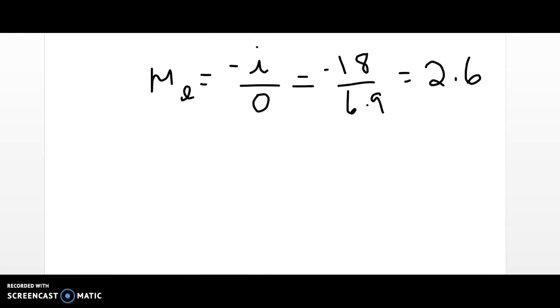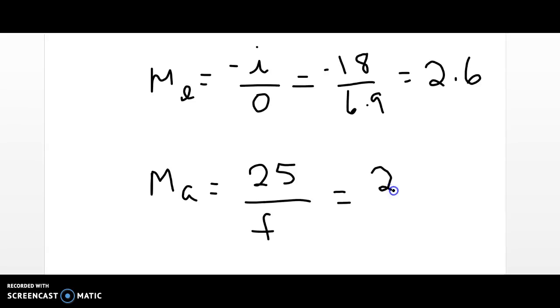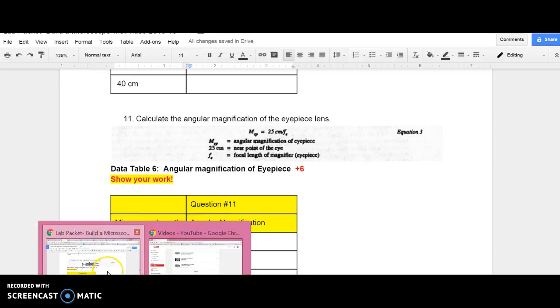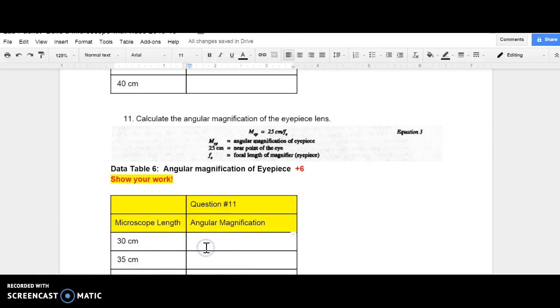So the angular magnification equals 25 divided by the focal length of the eyepiece, which equals 25 divided by 10, which equals 2.5. So back on my question 11 answer, I'll just write 2.5.